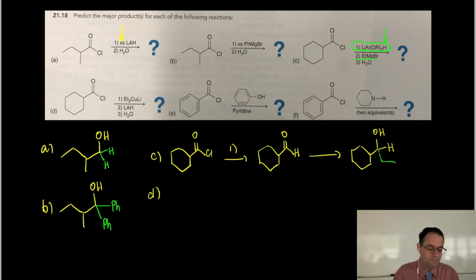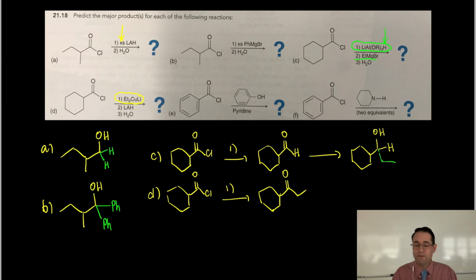In molecule D, what do we have going on here? We have diethyl cuprate, right? So this is the Gilman reagent. We want to replace that chlorine with an ethyl group. So that forms the ketone with the ethyl group there, the ethyl ketone. And then what's going on here? Well, we add LAH and water. So remember from chapter 20 that aldehydes and ketones react with lithium aluminum hydride to give you alcohols.